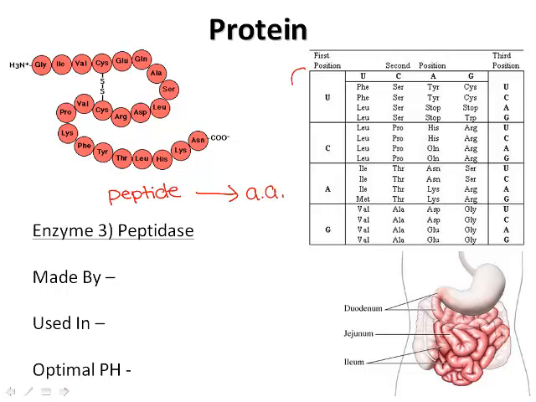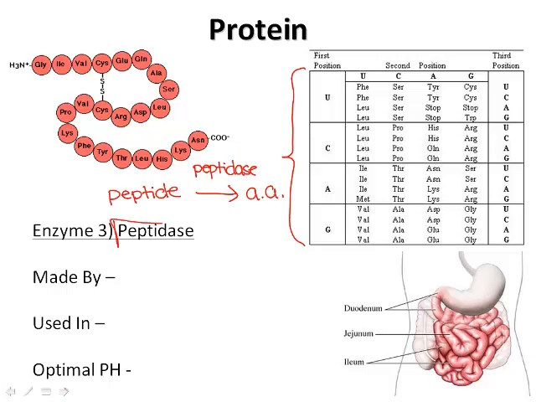And amino acids are like that chart that you use during translation. It is all the different amino acids that our body needs in order to make new proteins. So the whole point of breaking down our proteins is to form our amino acids so that new proteins can be made. Peptides are broken down into their amino acids by the enzyme peptidase.